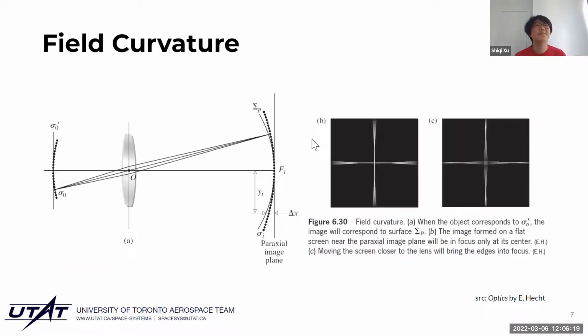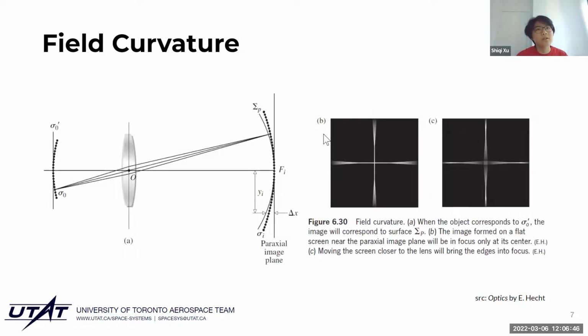Okay, field curvature. This one, once again, I'm recalling that we have made the paraxial approximation, right? Usually what we're capturing the image on, whether that's a projector screen in the classroom or a detector, like a sensor, is a flat surface, right?